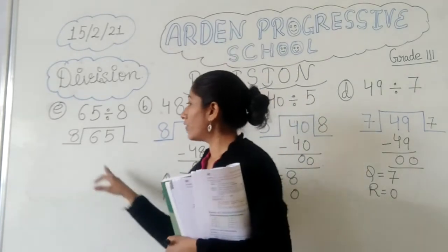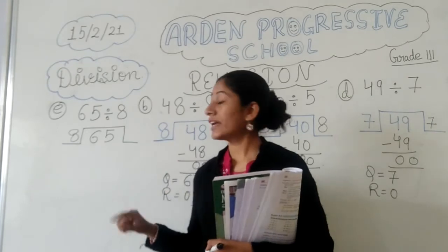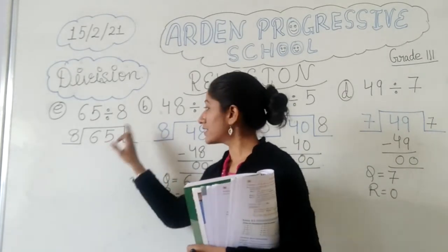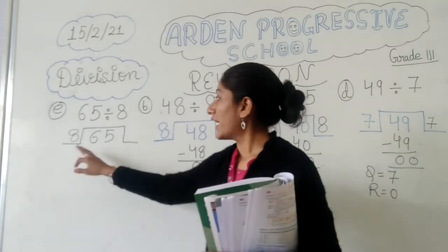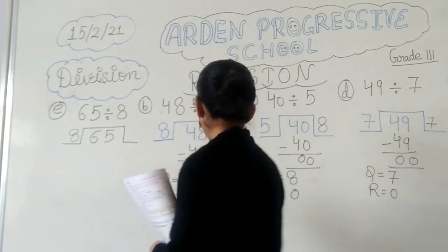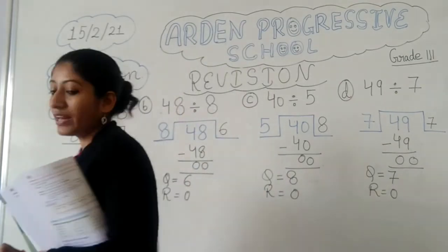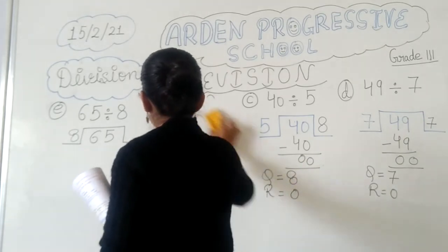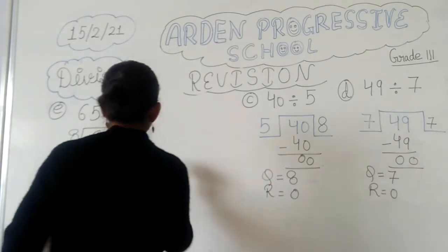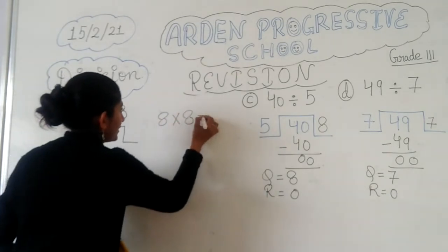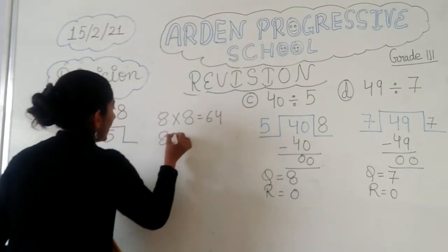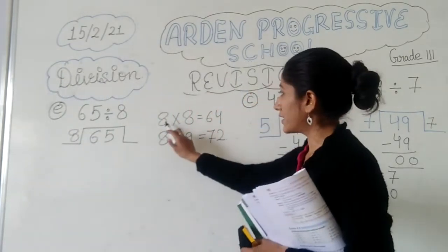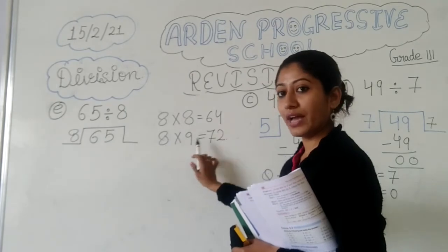So when we apply the table of 8 near 65, we are getting two numbers: either 8 eights are 64, or 8 nines are 72. We have two numbers, 8 into 8 is 64 and 8 into 9 is 72.